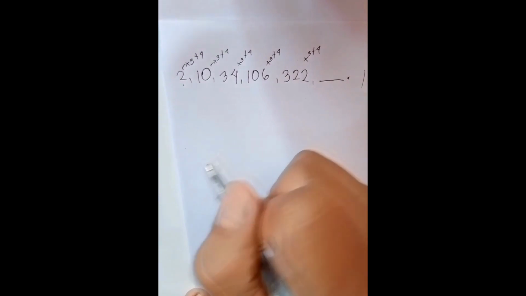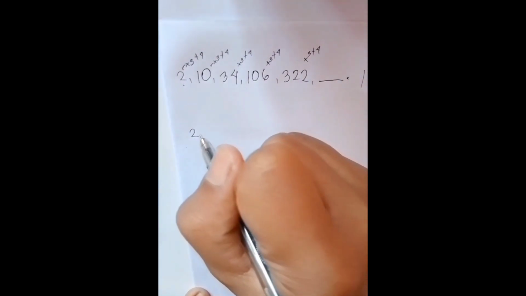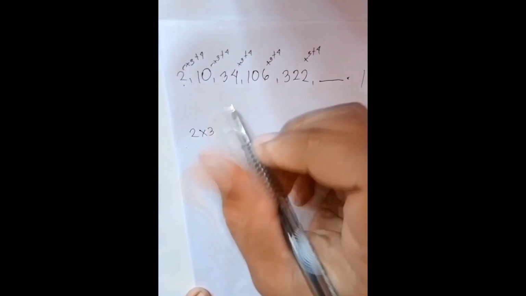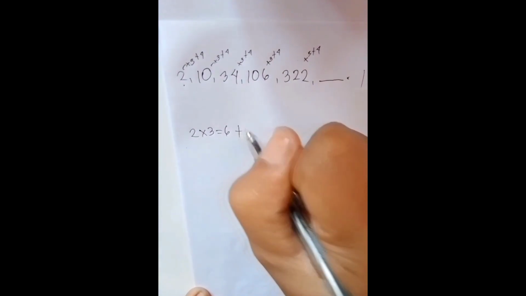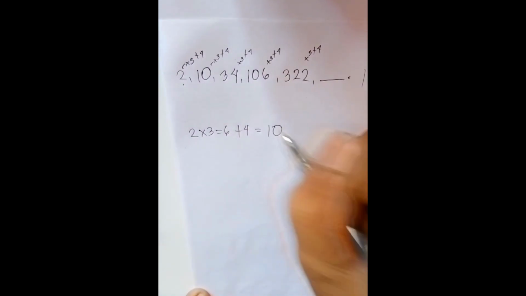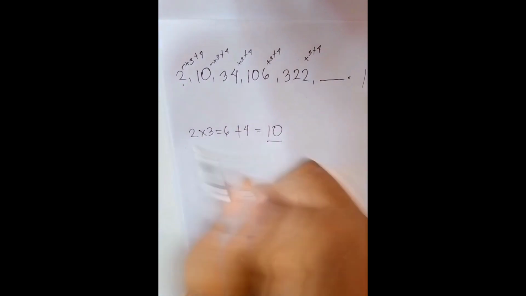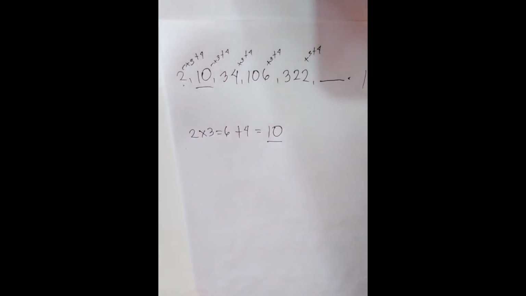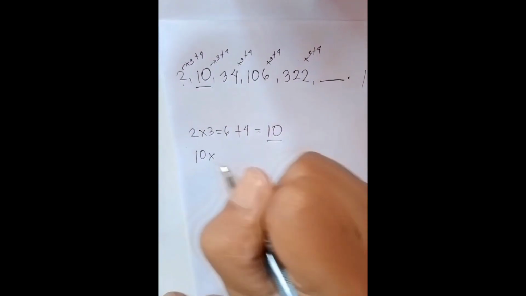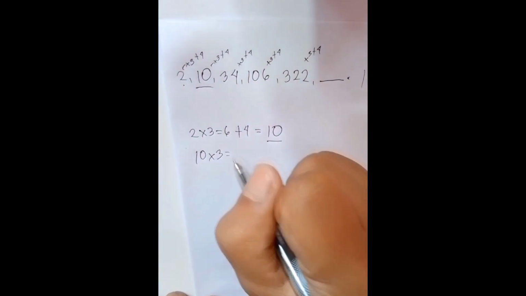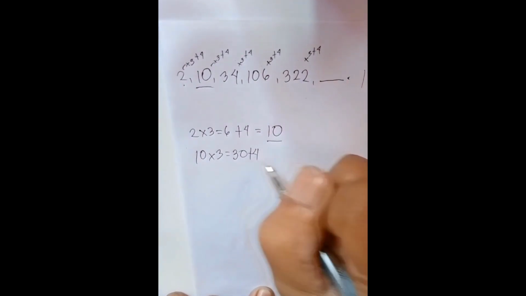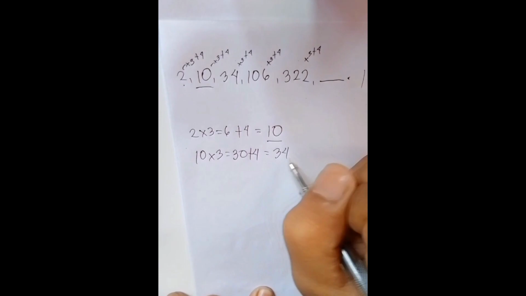So let's list it down. 2 times 3 is equal to 6 plus 4 is equal to 10. So as you can see, the answer is the next number in the series. So 10 times 3 is equal to 30 plus 4 is equal to 34.